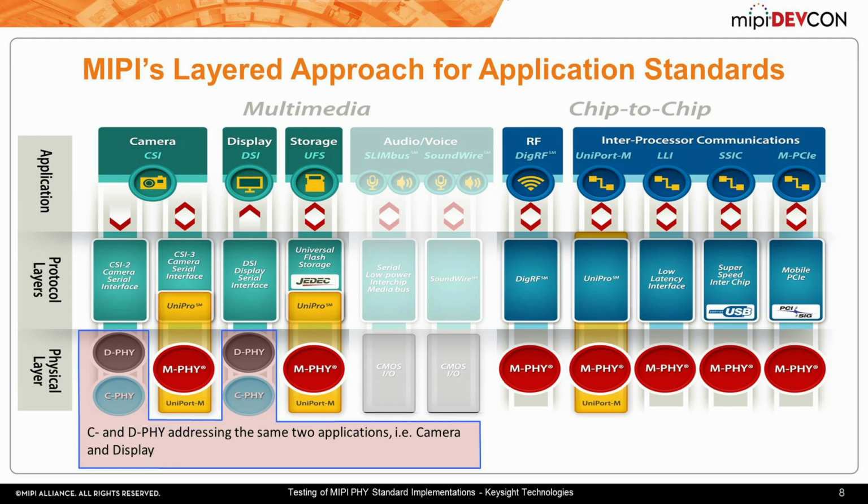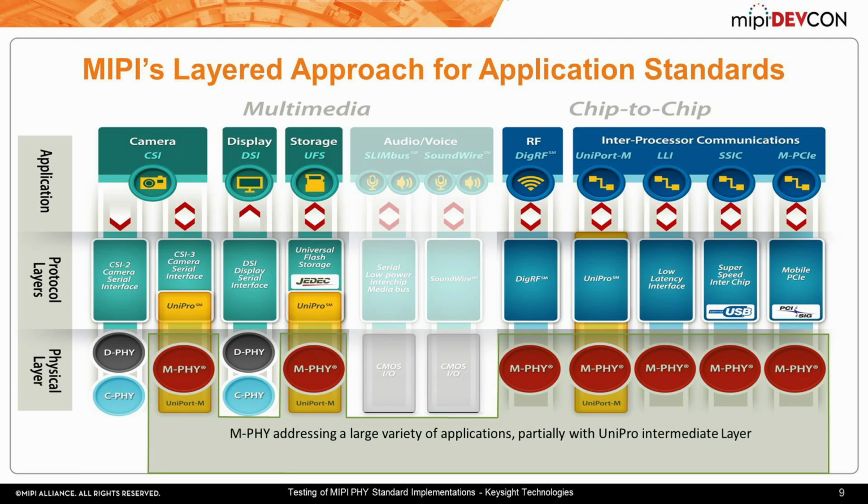So let's go ahead and dive into this a little bit more here. I think I mentioned that, camera and display, and M-PHY being spread across all these other interfaces here. UniPro, oops, let's see, press that too many times there. There we go. UniPro being the one that's most prevalent for M-PHY.